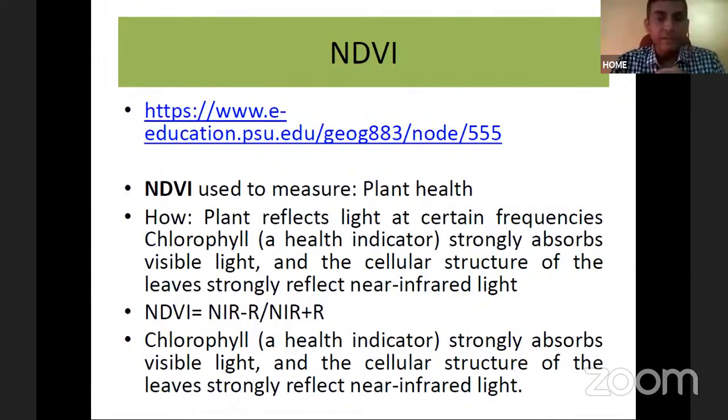We studied this in the last class. So the maximum information minus the R band. R is the red band which gives you the minimum information.